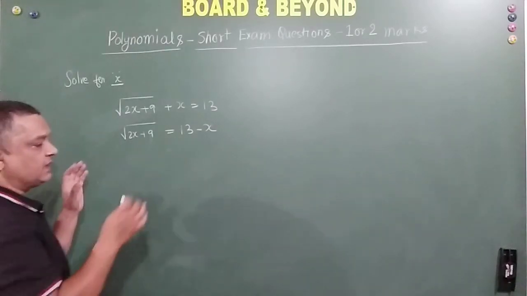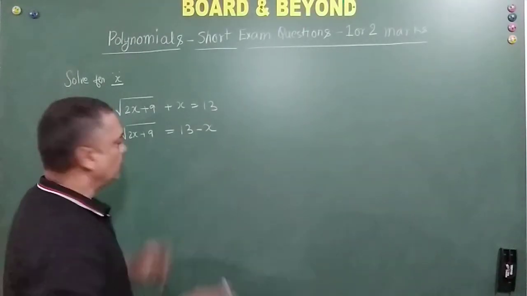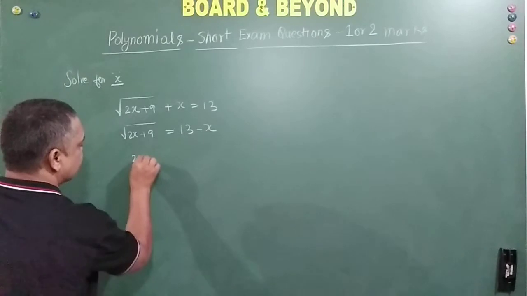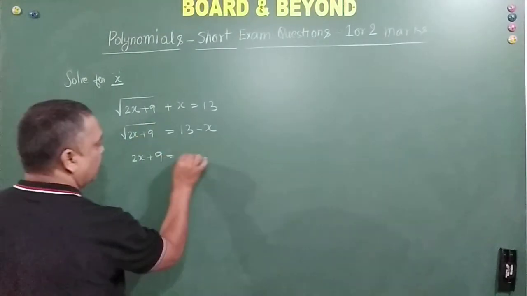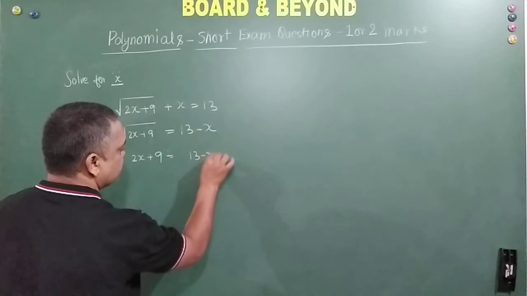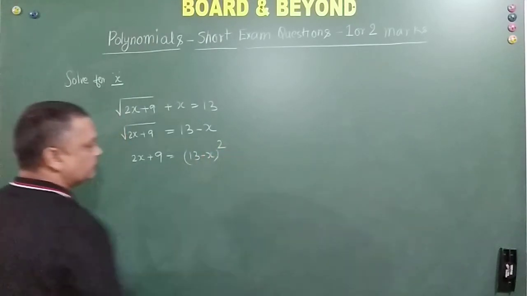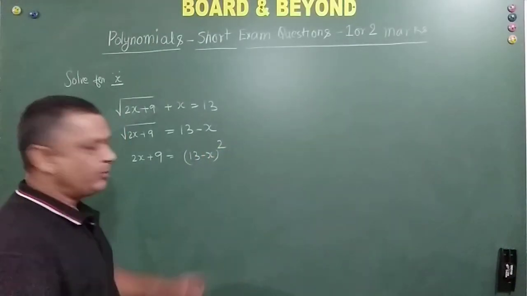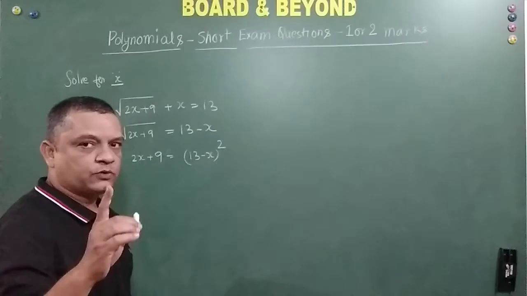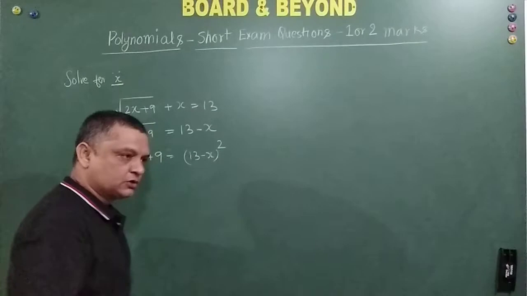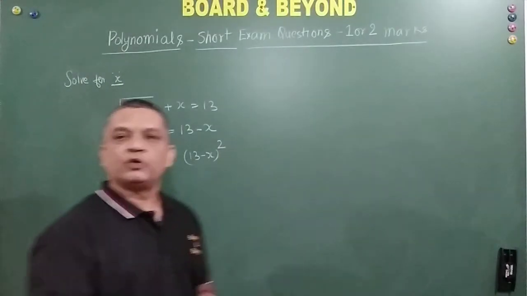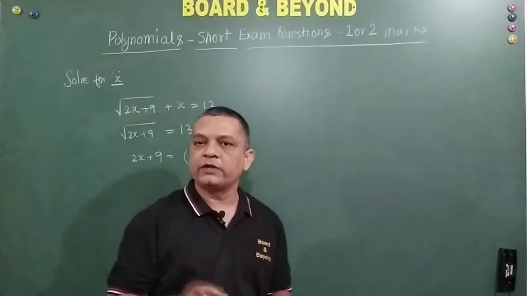Now we square on both the sides. So this gives me 2x plus 9, because this was in square root, and this gives me 13 minus x whole square. Friends, please don't do 13 square minus x square. Please don't make that mistake. So 13 minus x whole square is of the form a minus b whole square, which is equal to a square minus 2ab plus b square.